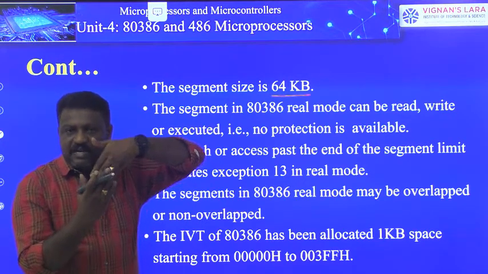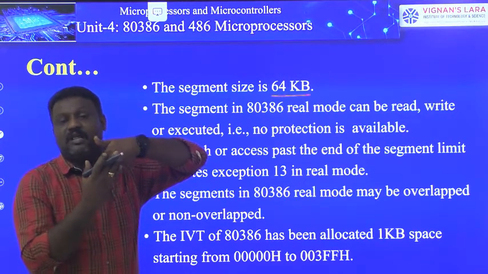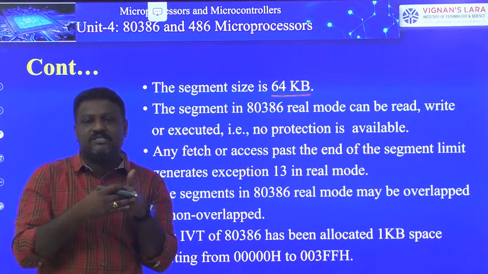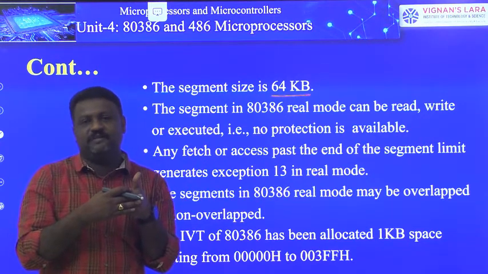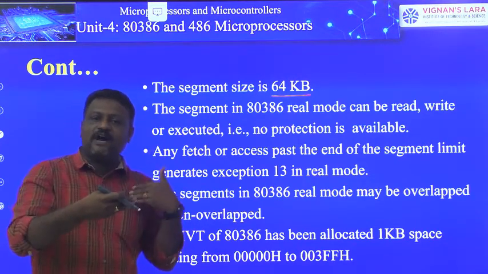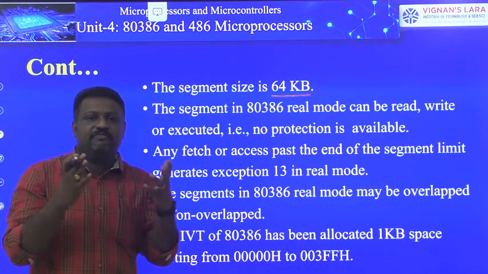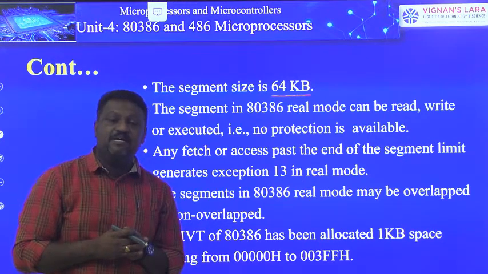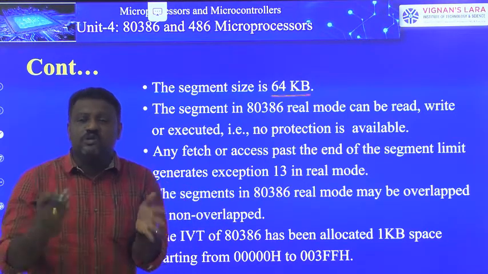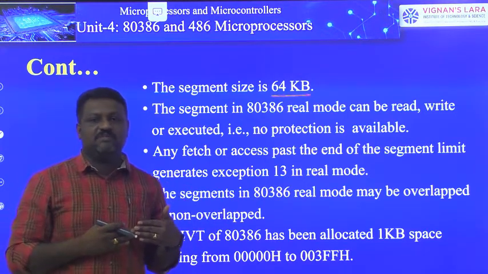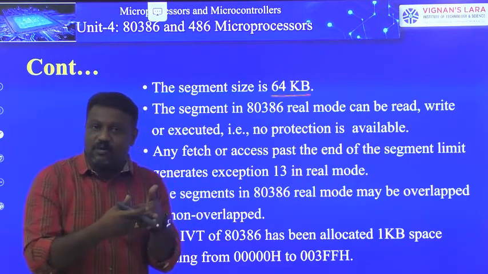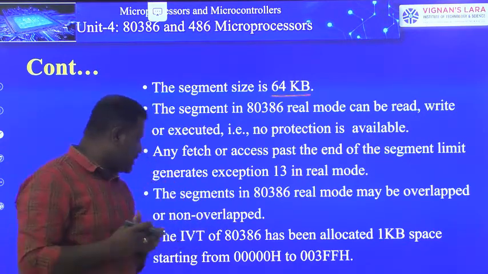The overlapping locations can be accessed in two different ways: by considering this segment, or by considering the other segment, so we have more flexibility. But sometimes segments are non-overlapping, meaning there is no common area between the two segments. So in real mode operation, segments may be either overlapping or non-overlapping.